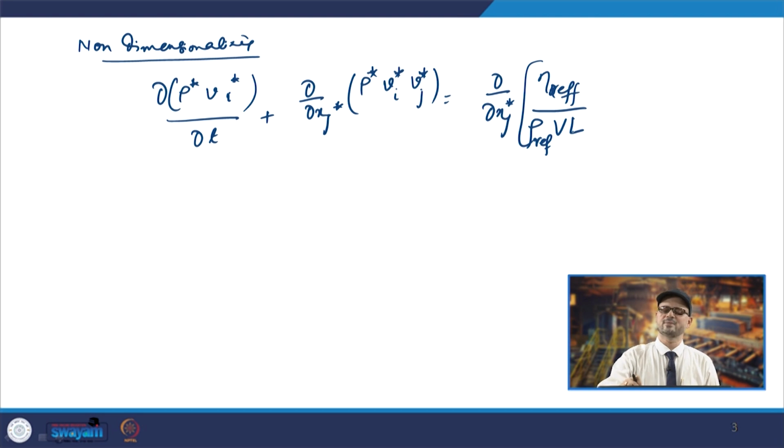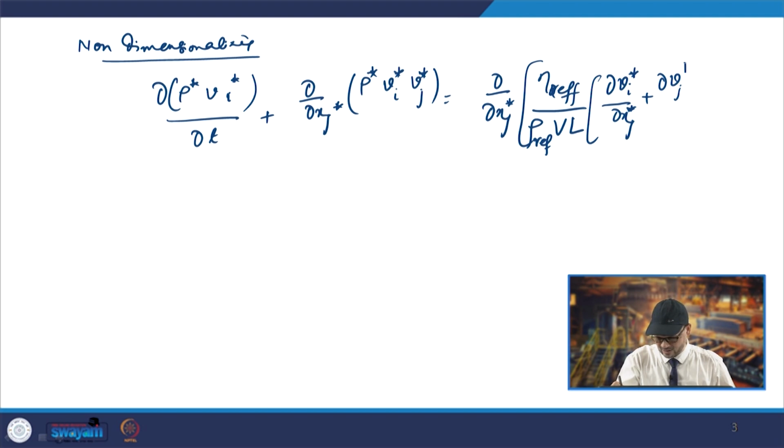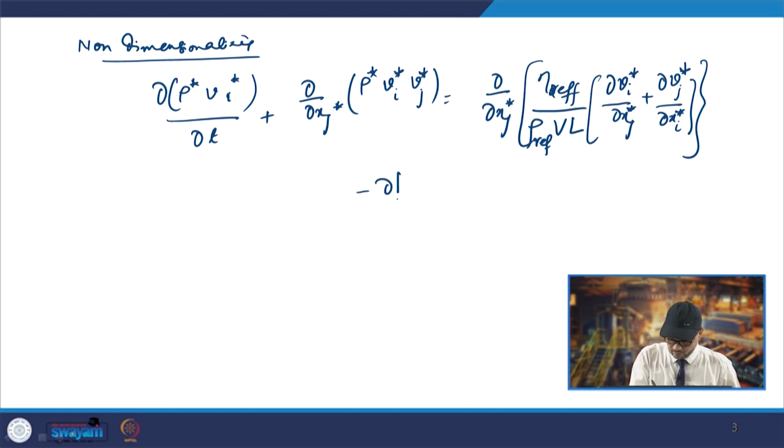So, this is nothing but the Reynolds term that will be coming here, and then you have dou of Vi star upon dou of xj star plus dou of Vj star upon dou of xi star. So, that is non-dimensionalizing these terms. And then you will have dou p star upon dou xi star.